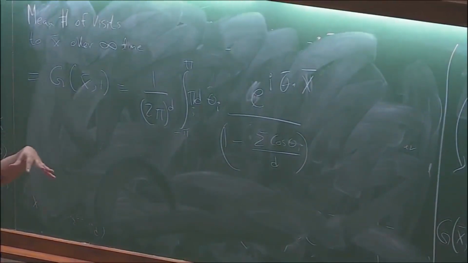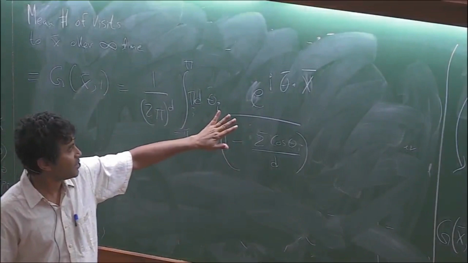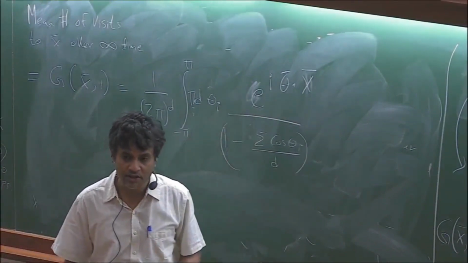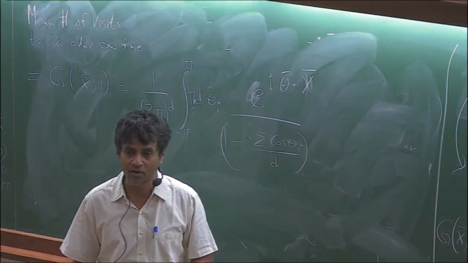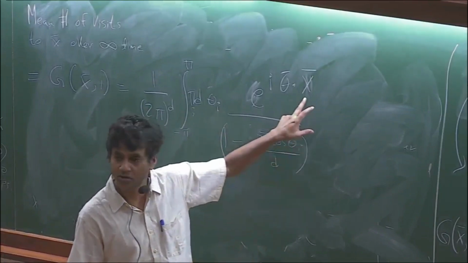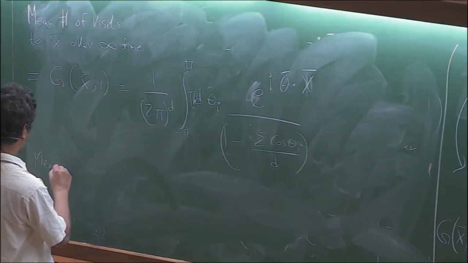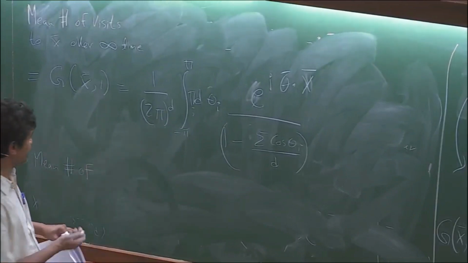Okay, so now the simplest question maybe is, this again is a difficult integral, but let's ask, I start from the origin. What is the mean number of visits I make to the origin? So I put x equal to 0. So visit means it's like returns, right?